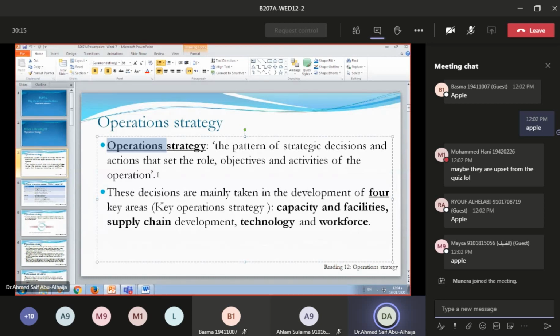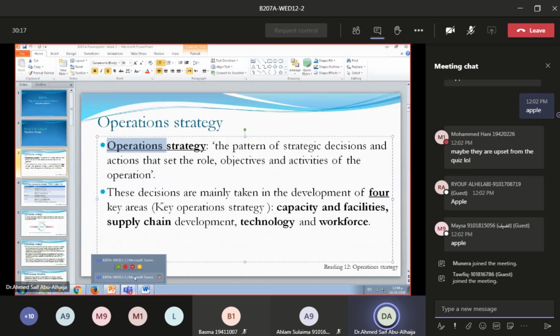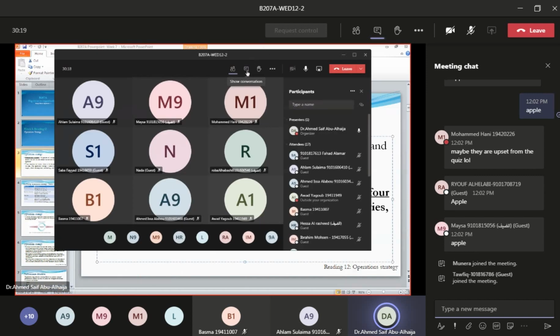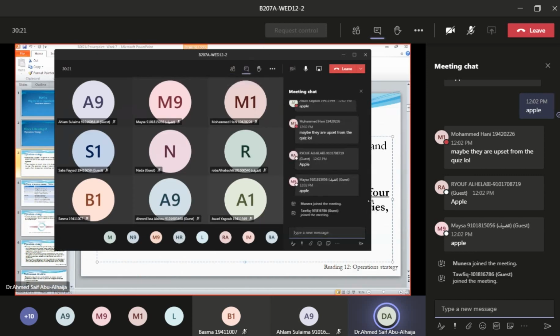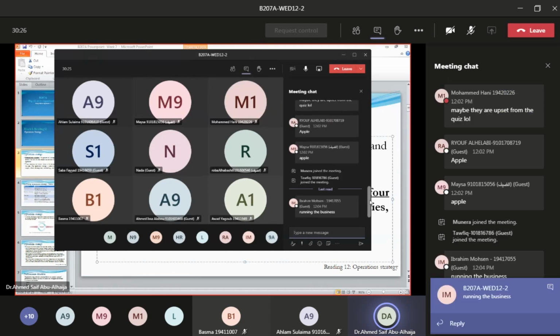But just to make sure you understand and still remember the actual definition, who can define operation? Ibrahim said running the business.